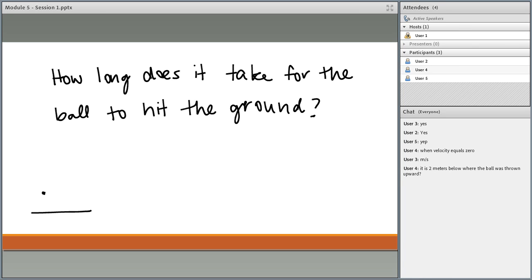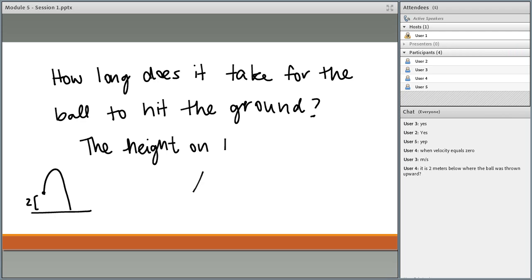The ball starts at 2 meters above the ground. It's thrown up in the air, and then it falls back to the ground. Do we know anything about the height on the ground? Very good. It's 0. So we're 0 meters off the ground when the ball hits the ground.